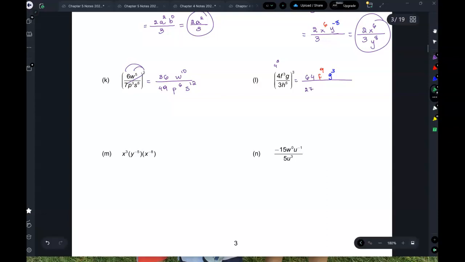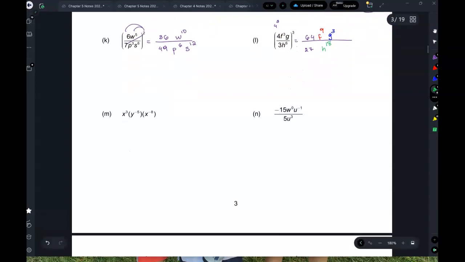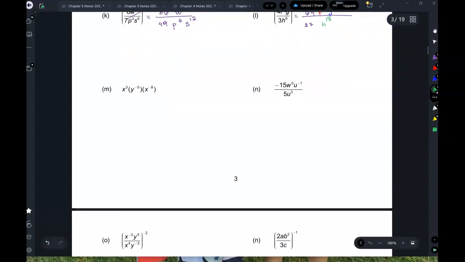And Liam, what would be the exponent of the h? 18, okay? Anything that can be simplified here? No. Fantastic.